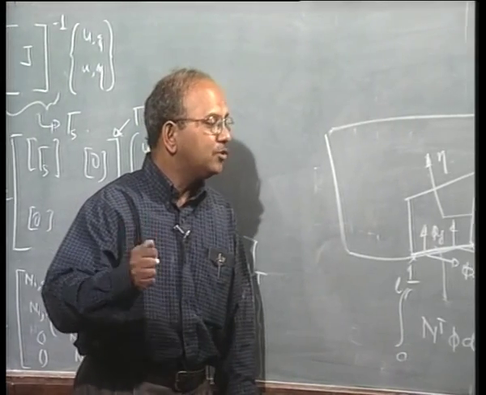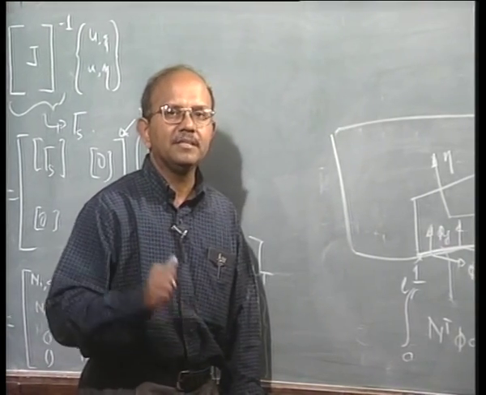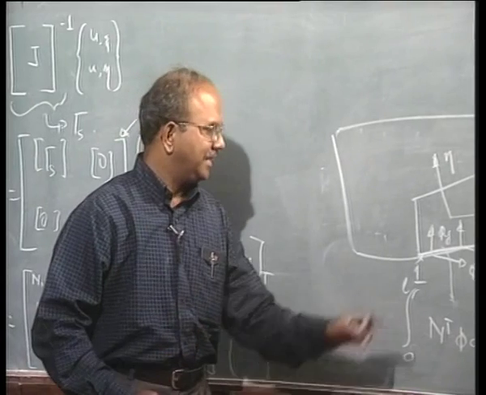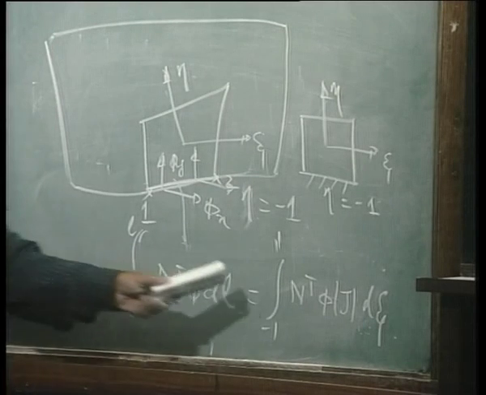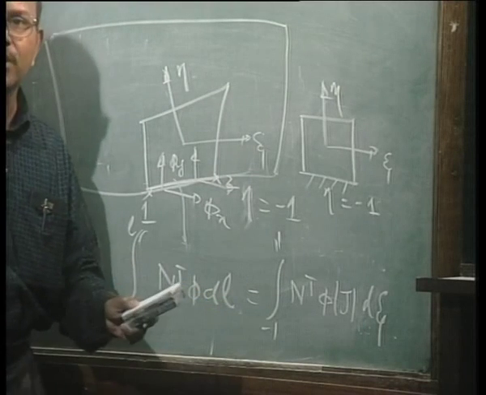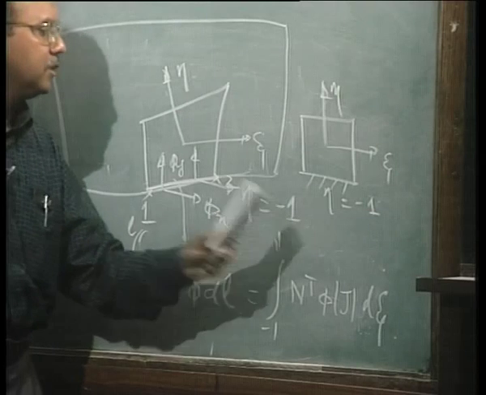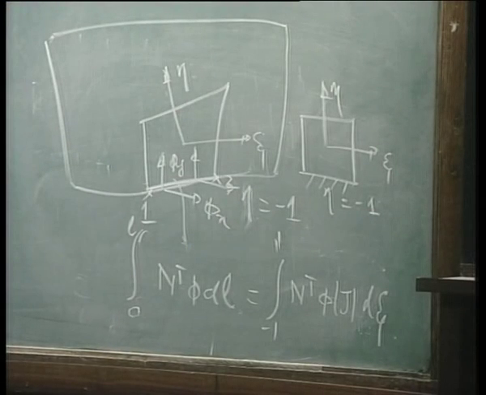Okay. So in those n's, just substitute eta is equal to -1. So in other words, what we mean is this n or n transpose is calculated at eta equal to -1. So that problem is solved.